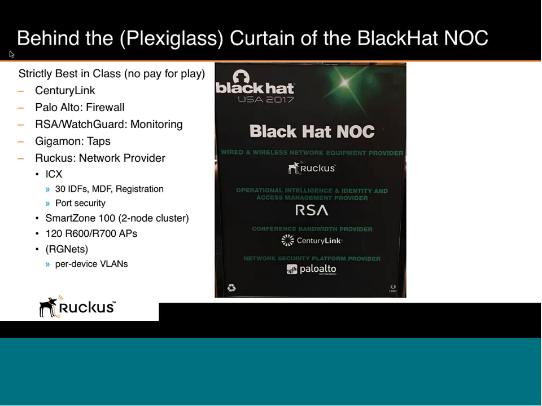The secret sauce for how we protect our network, we have a partner called RGNets. In addition to some of the other services that they provide us, they are giving us almost per-device VLANing, and this is something that we've been able to use at every BlackHat, and it has kept us unhacked. Please do not repeat that.